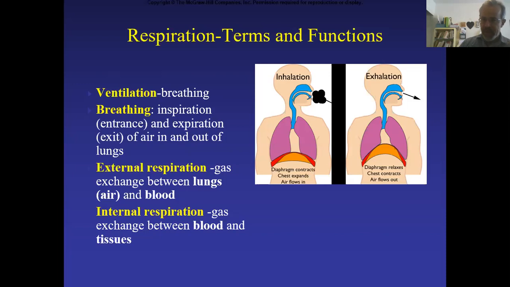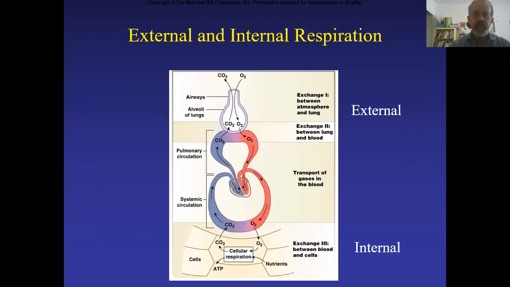And then from the blood, that oxygen is transported to the tissues. That would be internal respiration. And by the same token, carbon dioxide, the internal respiration is moving CO2 from the tissues back to the blood. And the external respiration is moving it from the blood out of the lungs.